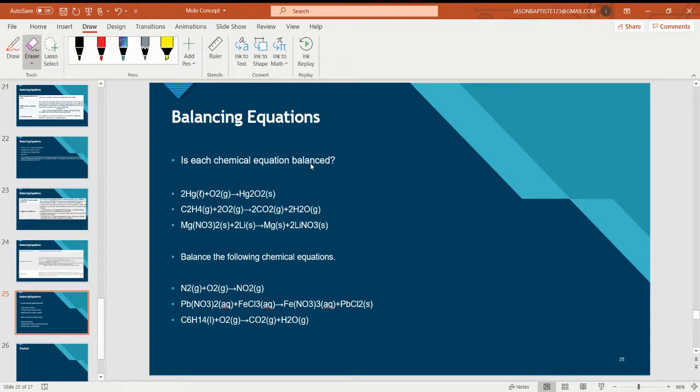So let's observe these equations one by one.